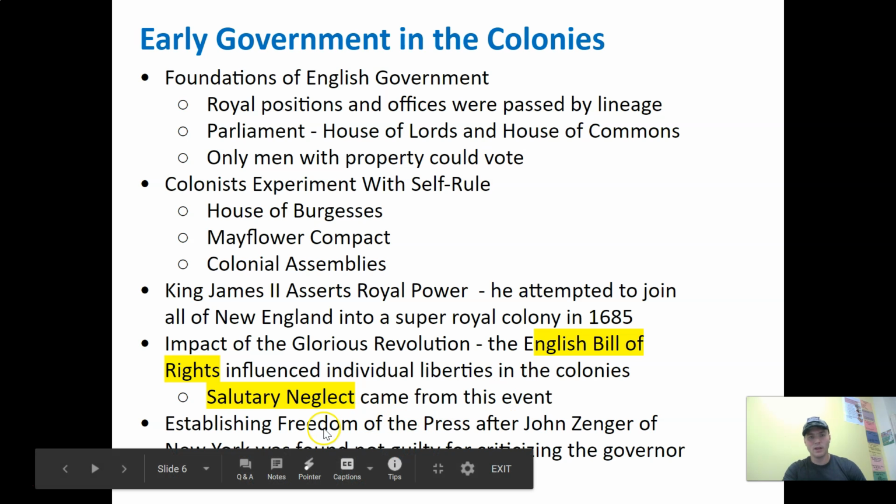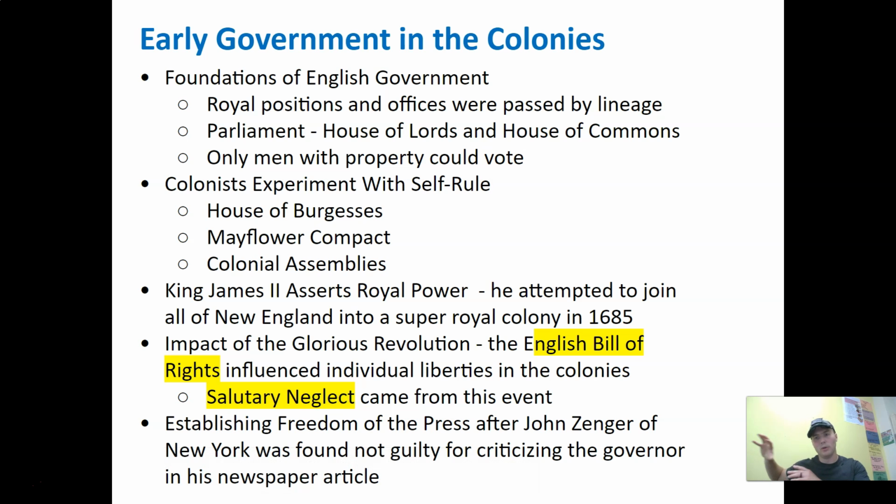For example, there was this idea called salutary neglect, and it was the idea that even though the king and Parliament were still at the top, they would allow the colonies to make their own decisions by neglecting decisions that would be made for the best interests of the colony. But it was all for the part of, hey, as long as you're making money for us and you're sending us those raw materials, you can do whatever you want.